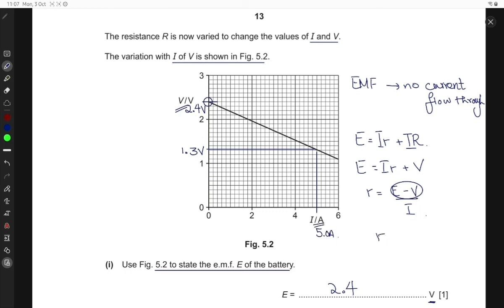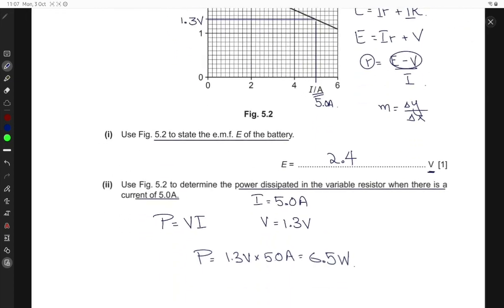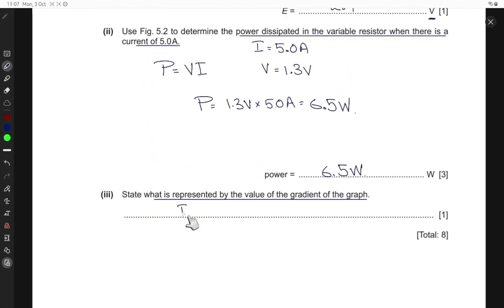And that's how the gradient is defined, right? The gradient, which is normally written as m, is defined as change in y by change in x. So this internal resistance is the gradient of this graph. Therefore, it is the internal resistance that is represented by the value of the gradient of the graph.